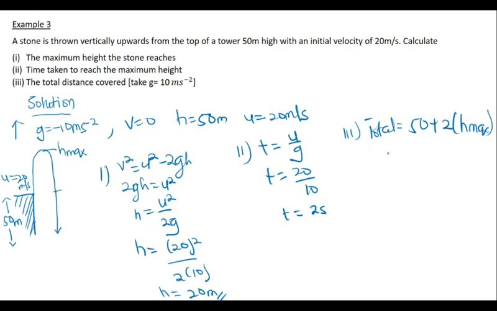So we have 50 plus 2 into bracket our maximum height. Thank God we've calculated it, and it is 20. So we have 50 plus 40, and then this will give us 90 meters.